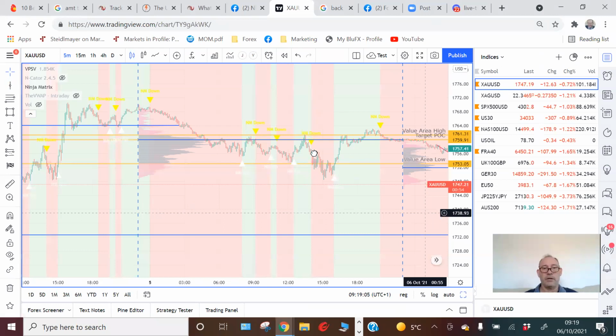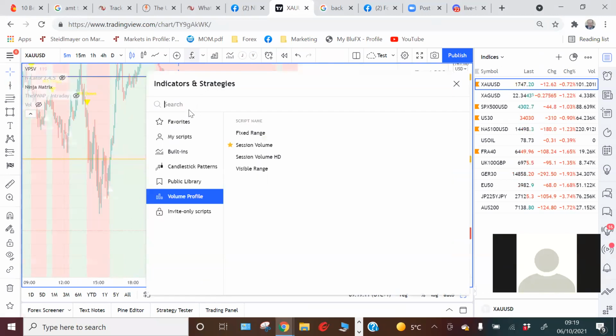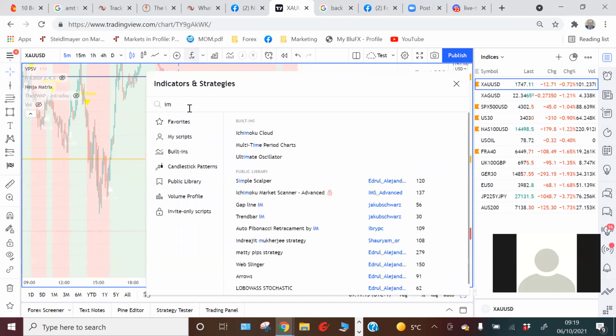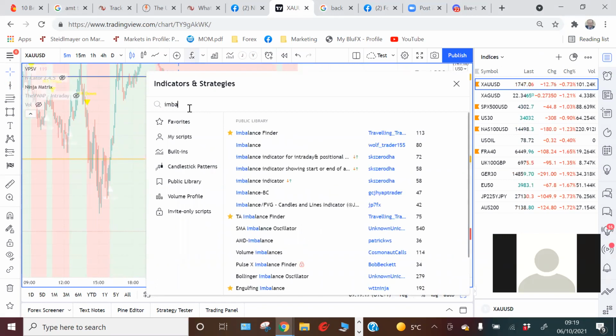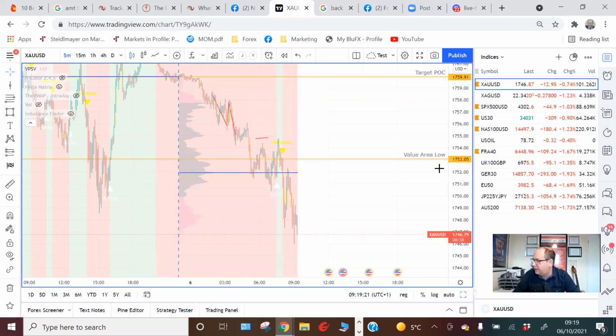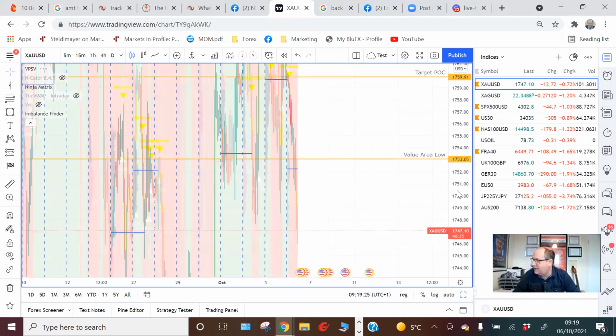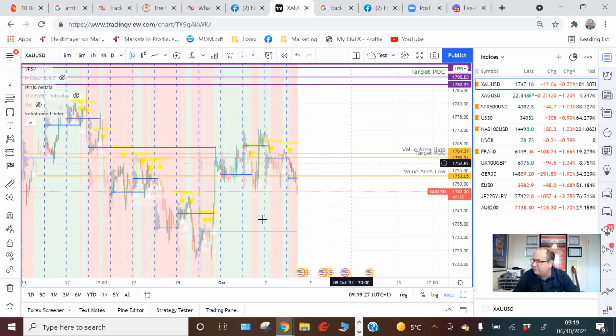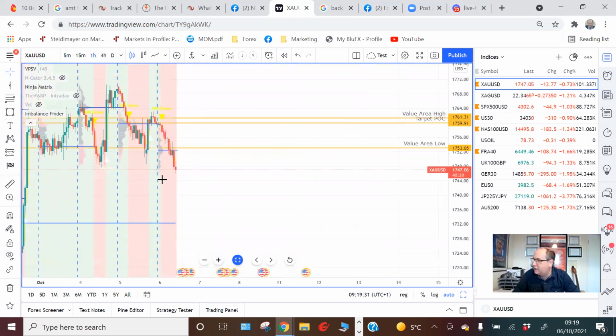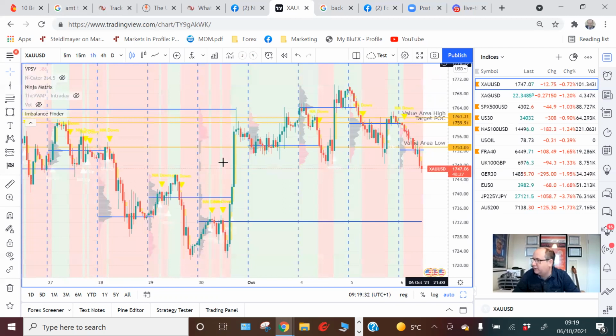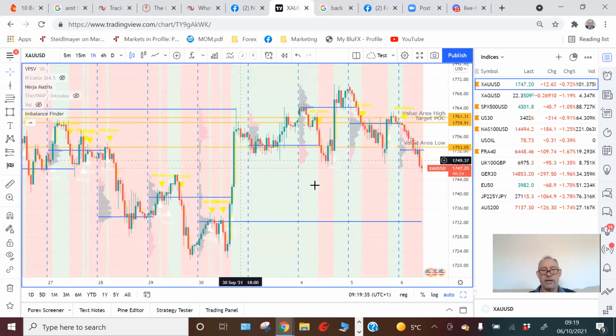On gold, it goes back to the 30th of September. Oh, yeah, I see it. Wow. So, chances are loads of imbalance. That's got to come down. And there's a point of control down there as well.